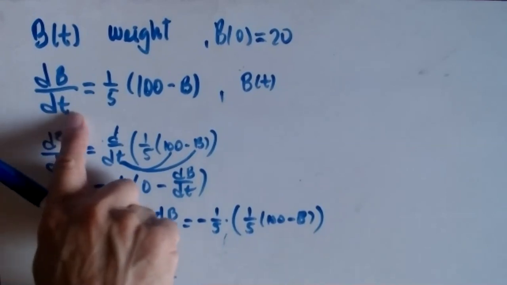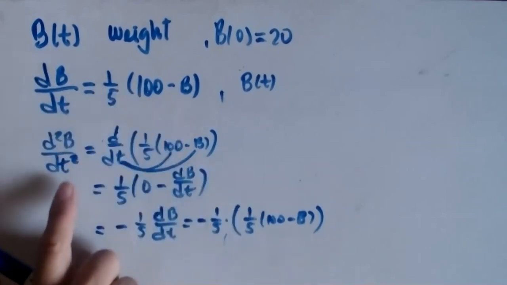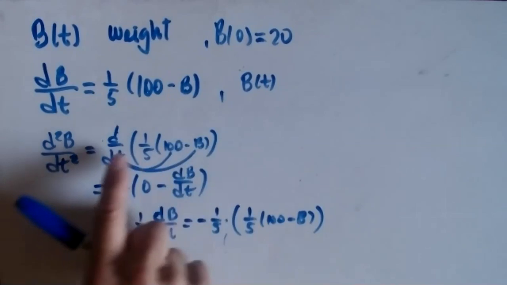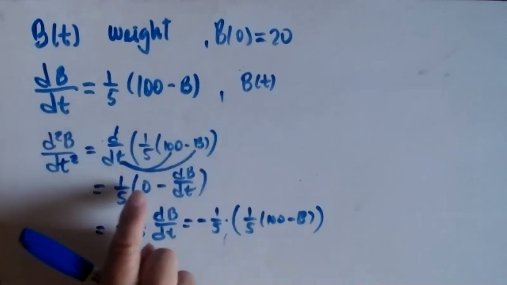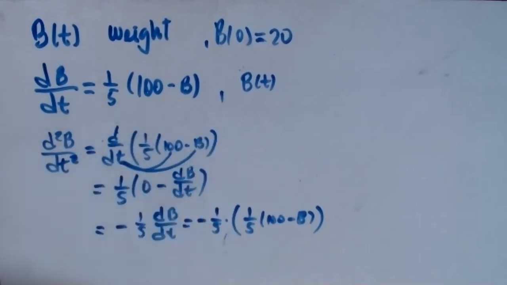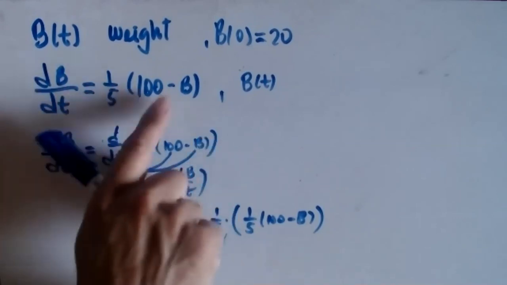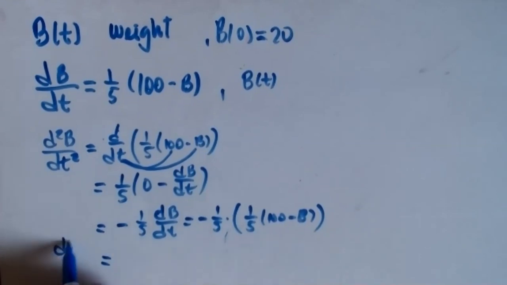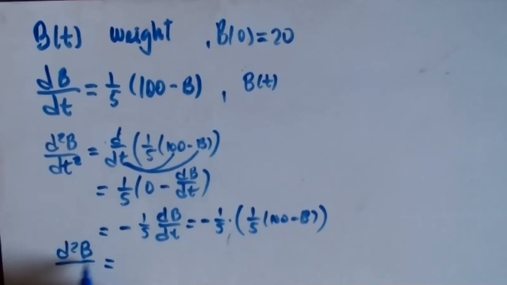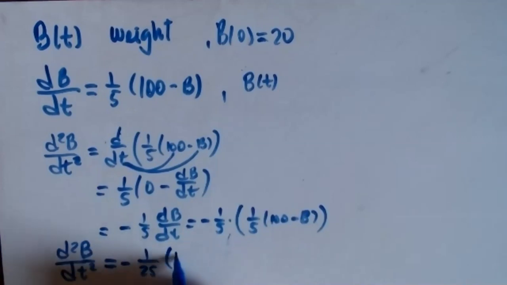The first derivative is in terms of b, and the second derivative has to be in terms of b. You take the derivative, you get 1/5, and this is a 0, so this is db/dt. Now db/dt is this thing, so you plug it back in, and the second derivative d²b/dt² equals negative 1/25 (100 minus b).